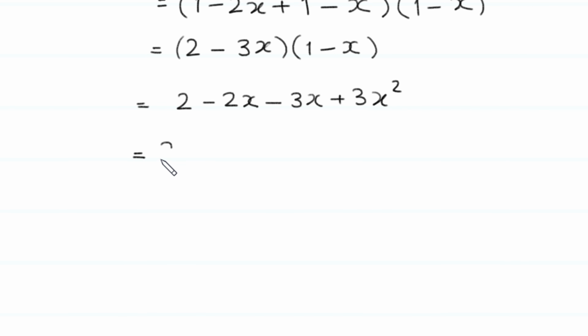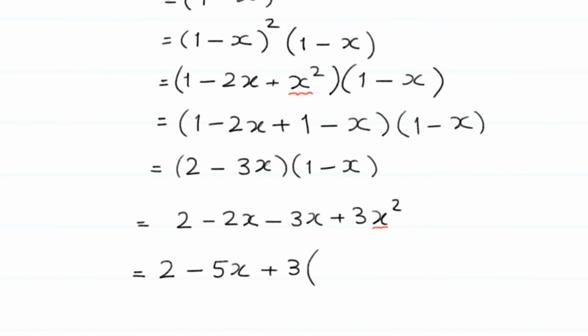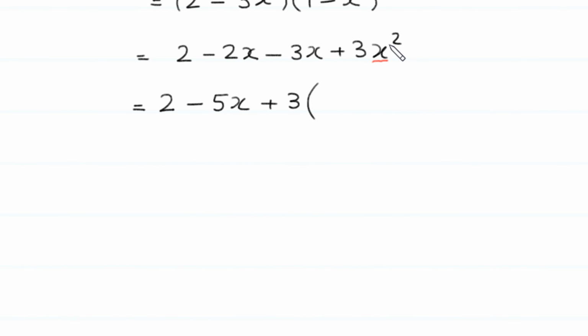Next 2 and minus 2x minus 3x, minus 5x plus 3 times, now in place of this x squared we put the value of x squared, 1 minus x, from here. The value of this x squared is 1 minus x.